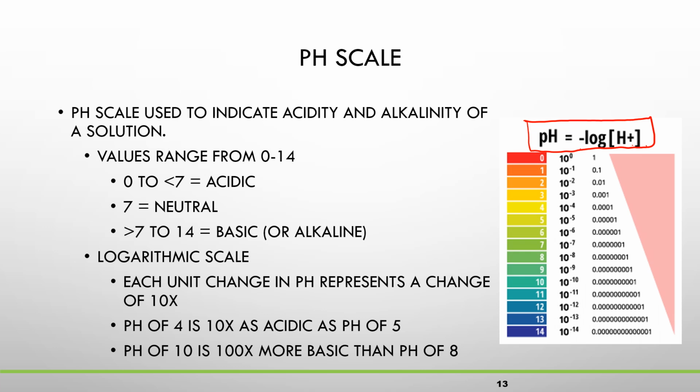For example, when you have 1 liter of water, a liter is a little bit more than a quart, you have in that water 0.0000001 gram of hydrogen ions. A liter of water weighs 1,000 grams. So you can see only a small amount of that water has ionized, and it's 0.000 with 6 zeros grams. That number is really hard to write with all those zeros.